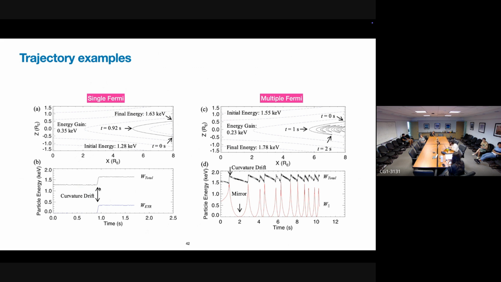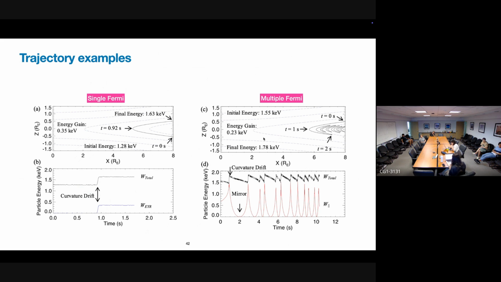There is one energy gain from the curvature drift, less than 1 keV. So it's really not that significant when we're looking at hundreds of keV electrons. And okay, people are going to say, what if we do multiple bounces? What if we let the particles go back and forth?